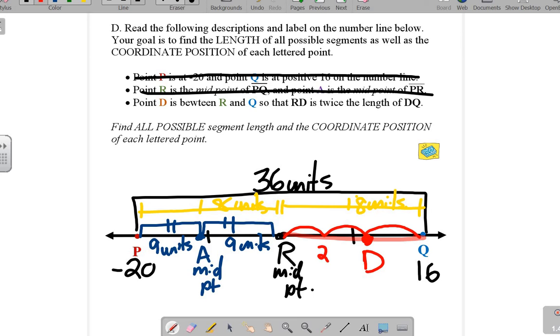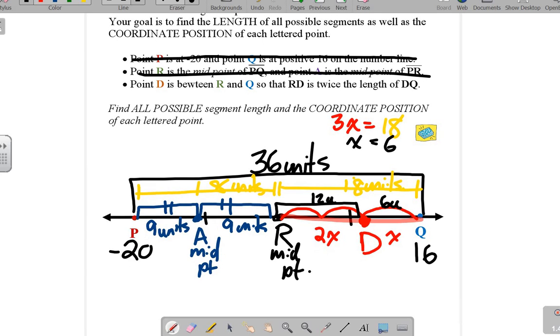And this is a 2x relationship, which means 3x equals 18. So it's 12 and 6. X equals 6. That means this distance here is 6 units. I'm just going to start using U. And this distance is 12 units. Where'd you get that? Because it's a 2 to 3 ratio. Oh, wait, I see it.